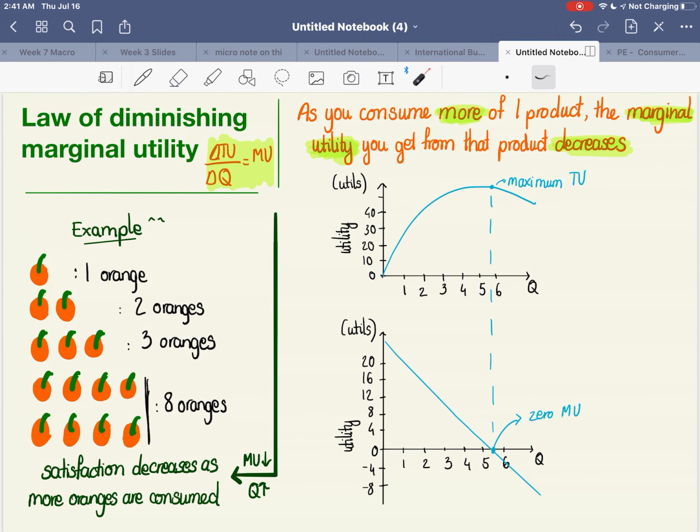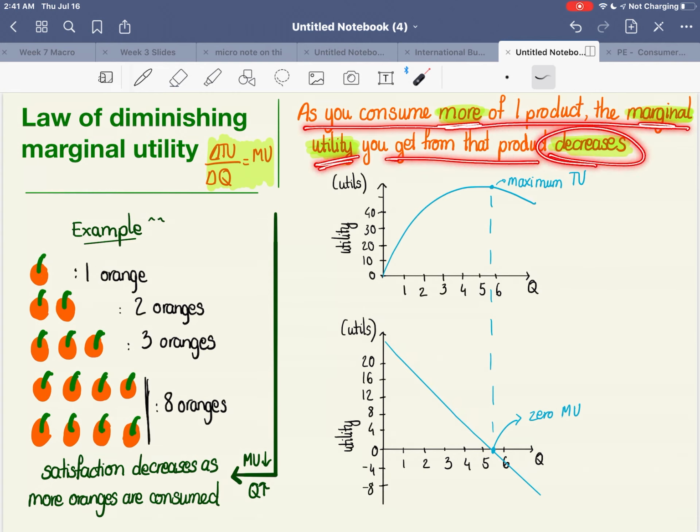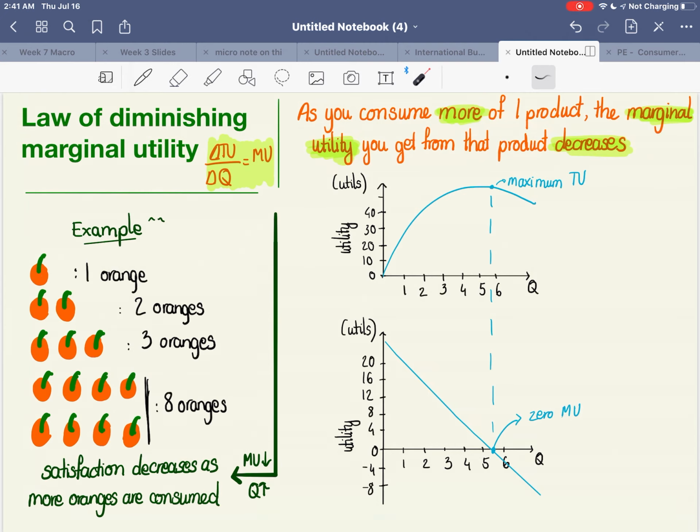Next is the law of diminishing marginal utility. The law describes that as you consume more of one product, the marginal utility you get from that product decreases. I know that's very literal, so let's take an example. Suppose that you are an orange lover. The first orange that you eat would give you the highest satisfaction. The second orange would give you some satisfaction, but not as high as the first one.